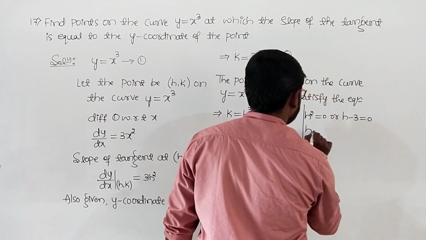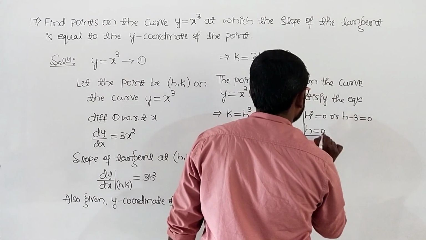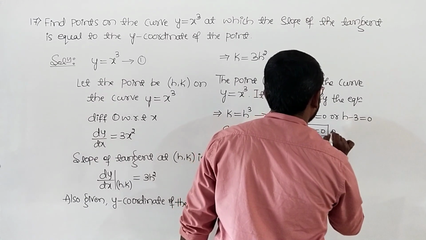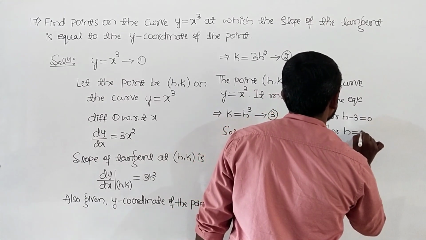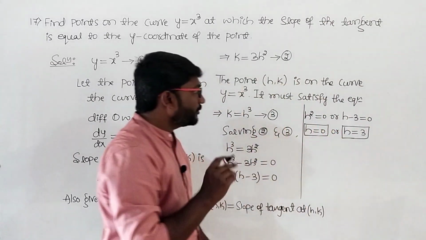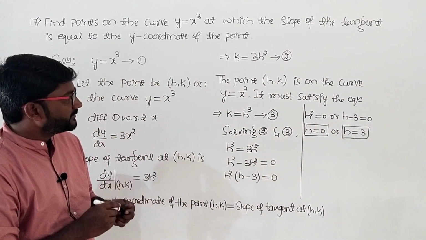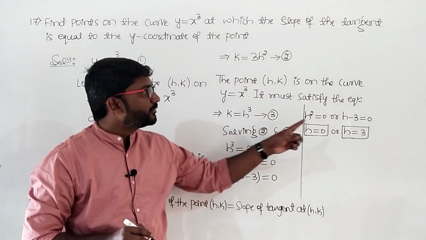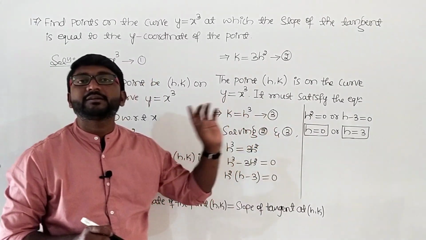h square equal to 0 means h equal to 0, or here you get h equal to 3. So now put h equal to 0 in equation number 3, you get the value of k, and put h equal to 3 in equation number 3, you get the value of k.